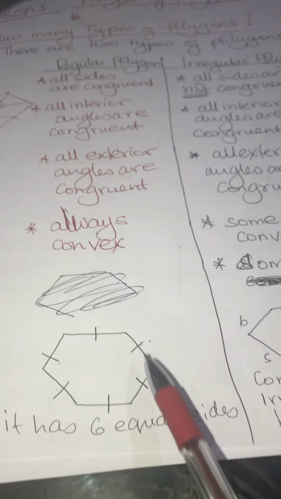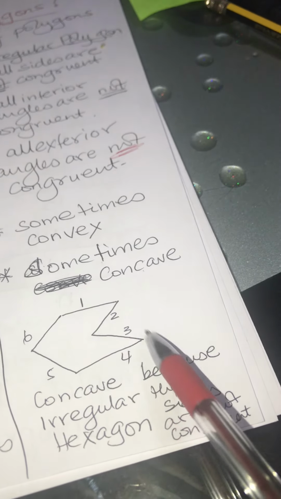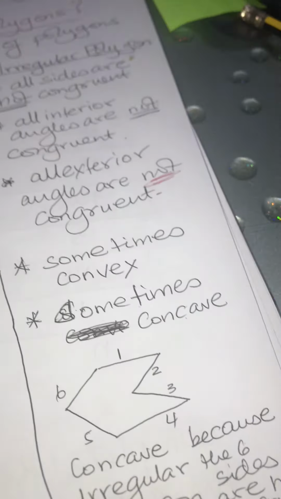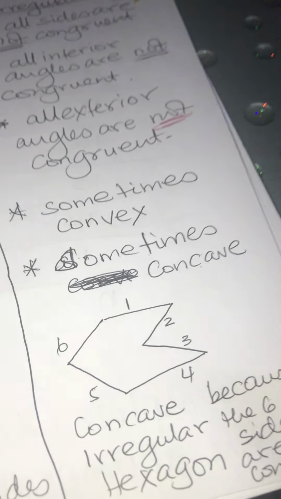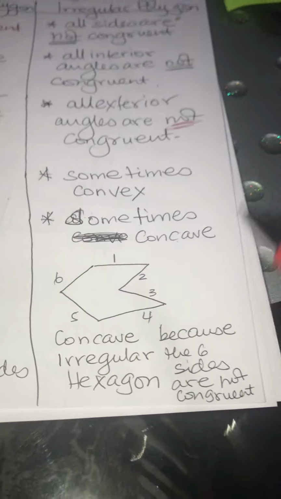Since I've already shown you a convex, a concave is when you have angles going inside. You can have 1 angle or 2 angles or 3 angles going inside. As long as you have something going inside your shape, it is concave. You learned this in science, concave and convex, when you were doing mirrors.